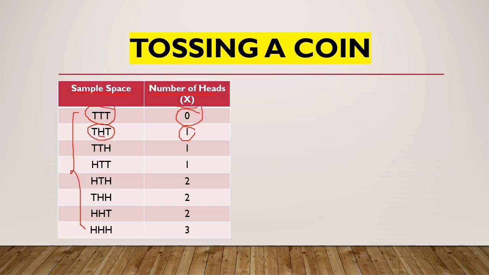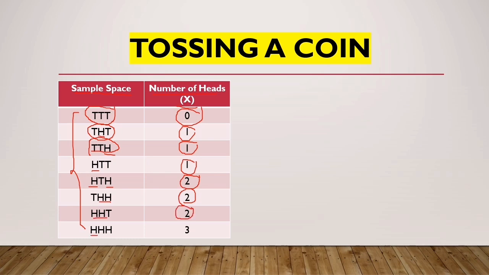On the third outcome, we have 1 head, so the value is 1. On the fourth outcome, we have 1 head. On the fifth outcome, we have 2 heads. And on the sixth outcome, we have 2 heads still. On the seventh outcome, we have 2 heads.